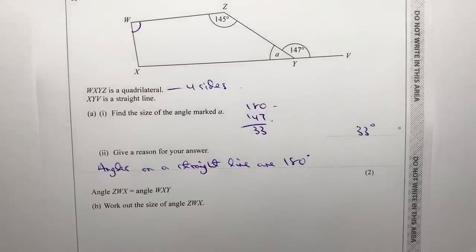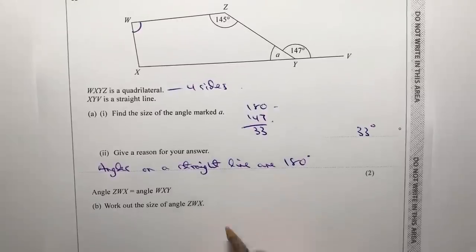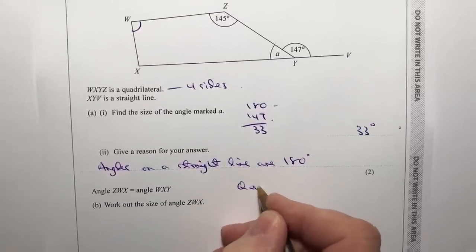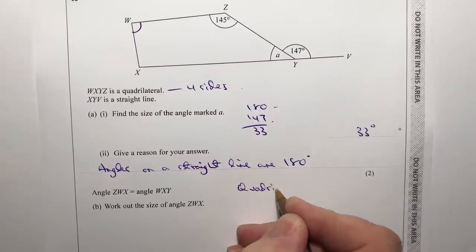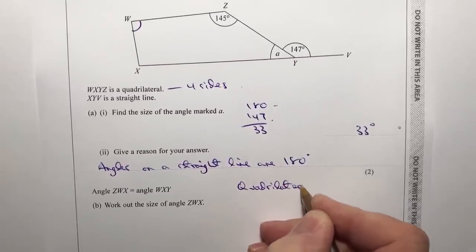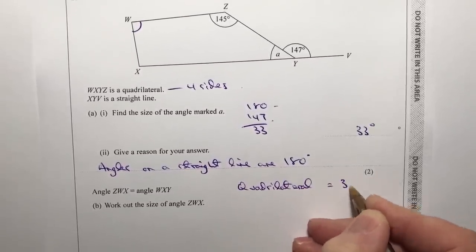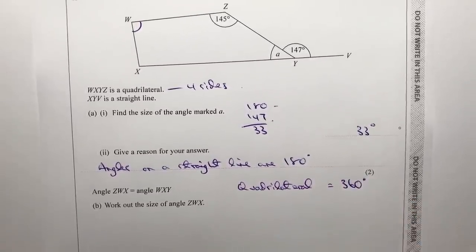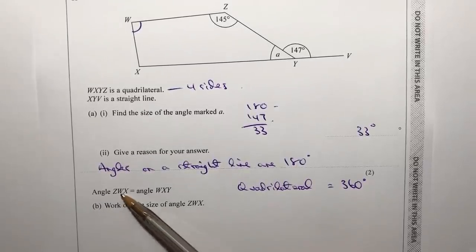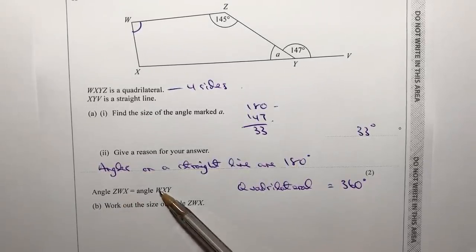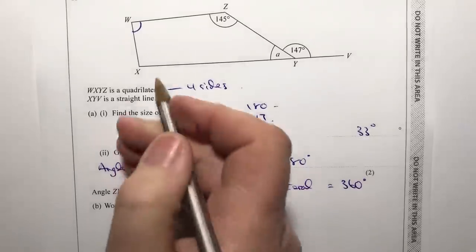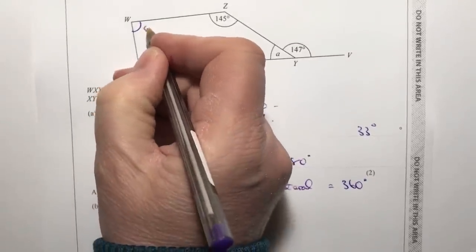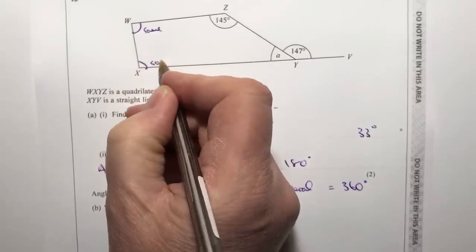Okay, I would make a note: quadrilateral equals 360 degrees. And what it also tells us in the text is that this angle and this angle are the same. So in other words, this angle is the same as this angle.